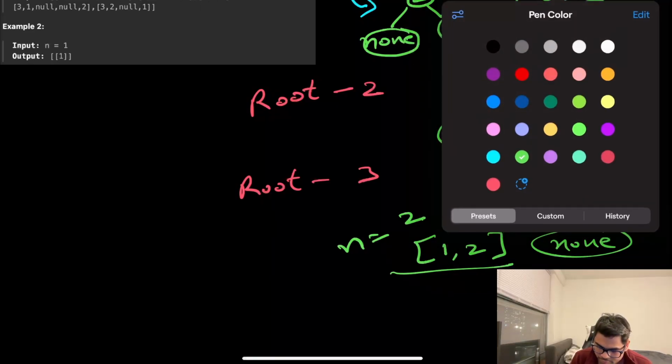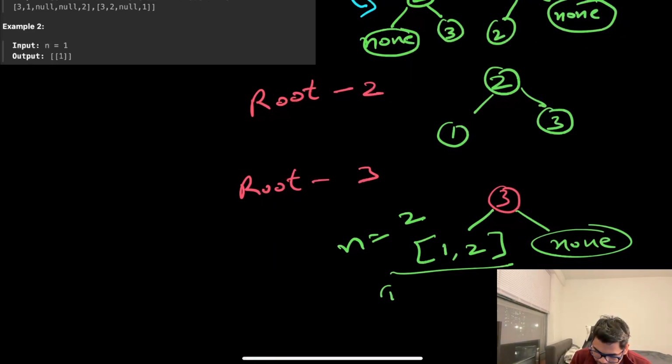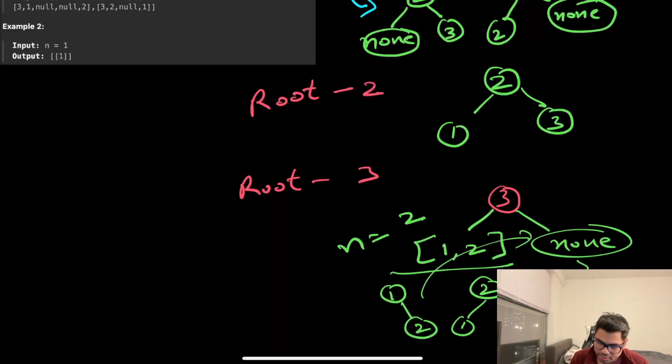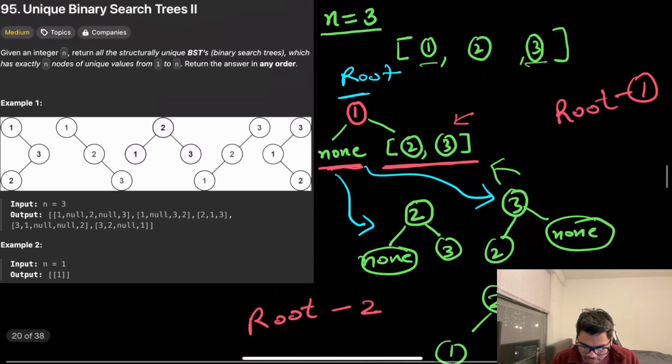Basically when 1 is root, which is like this, and when 2 is root, it would be like this, and these trees will make a combination with none each, and then we will return 2 different binary search trees. I think now it's very, very clear.